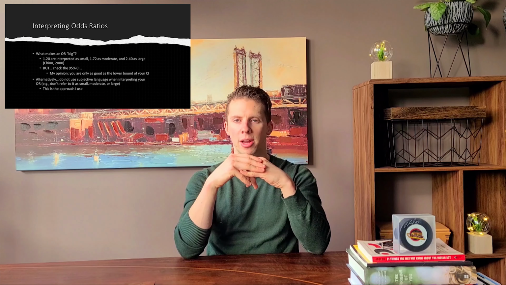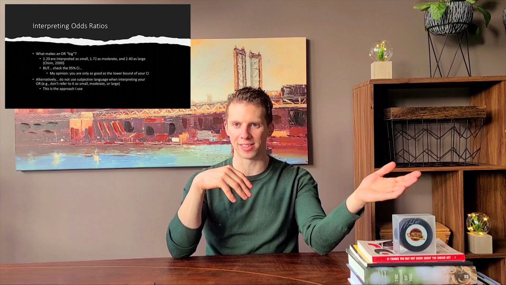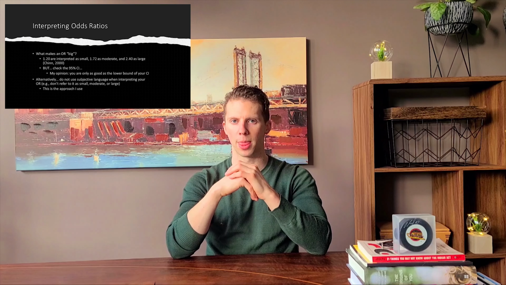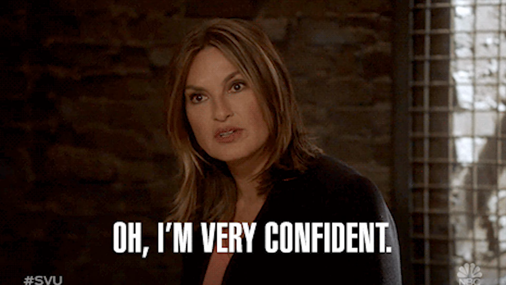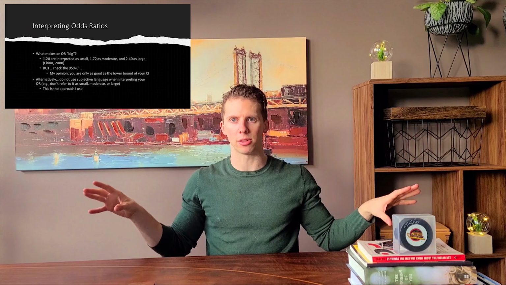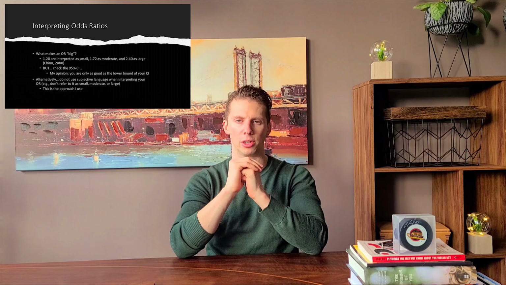So maybe our odds ratio is 15, but our confidence interval ranges from 1.56 to 57.42. So we have no real confidence that the true value of that odds ratio is 15. It really varies. So I would say avoid using the subjective language when interpreting your odds ratio, or at least keep in mind what your confidence interval is. And if you have a really wide confidence interval, then maybe don't be too strong in your assertion about it being a big or large effect size.